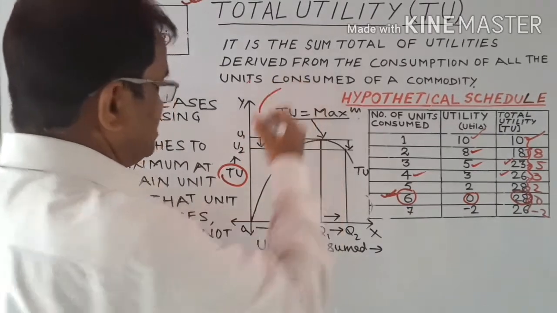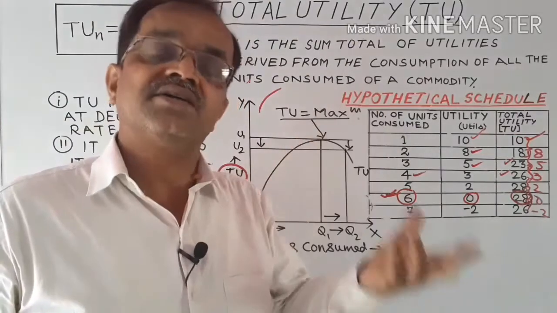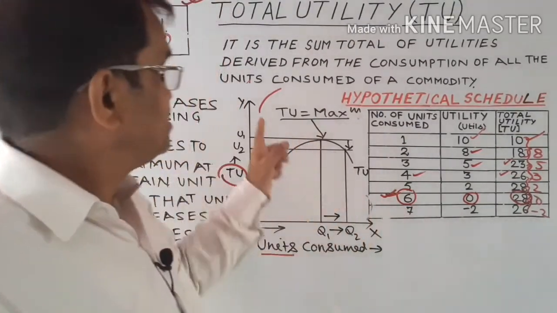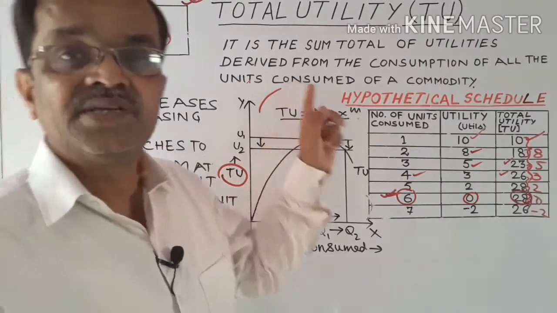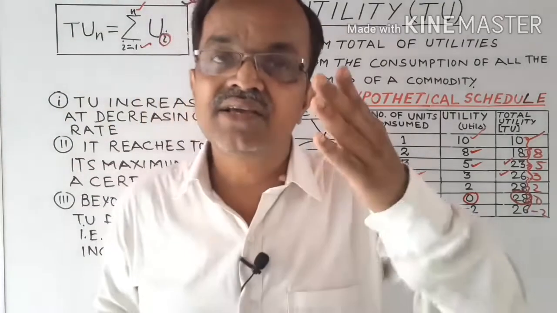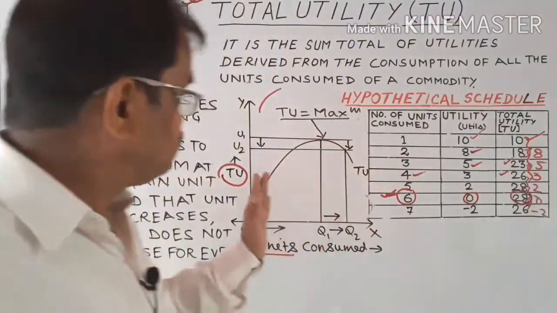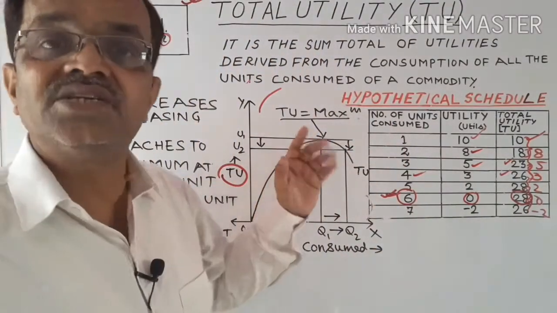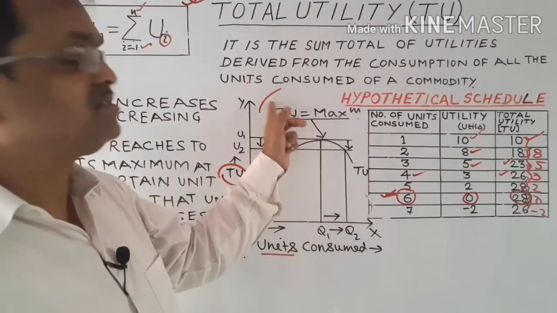There are figures in economics, and graph is a tool of mathematics used here. If the graph is of this shape, it simply means that the increase would be there but at a decreasing rate. So look at the slope of this total utility curve. It slopes upward, but it is of this shape.